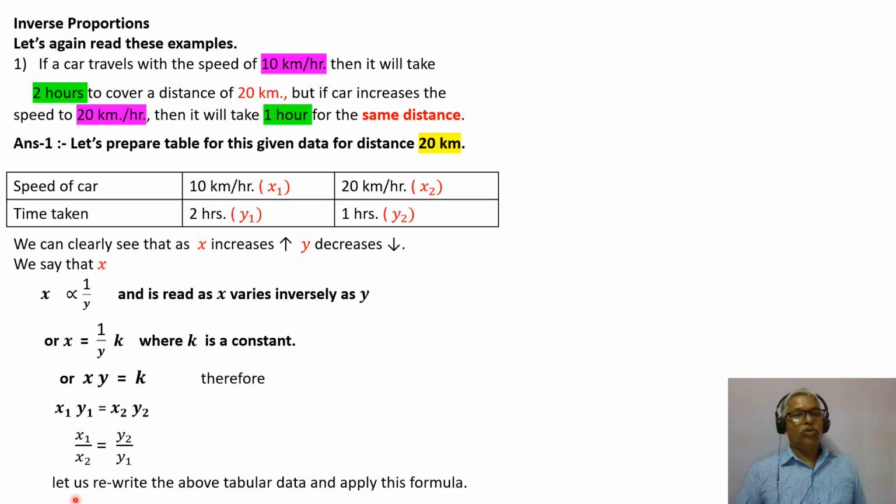So let us rewrite the above tabular form and apply this formula. We know we have got it, but we will still apply and check whether this comes out to be true or not, just for our satisfaction. So move ahead.